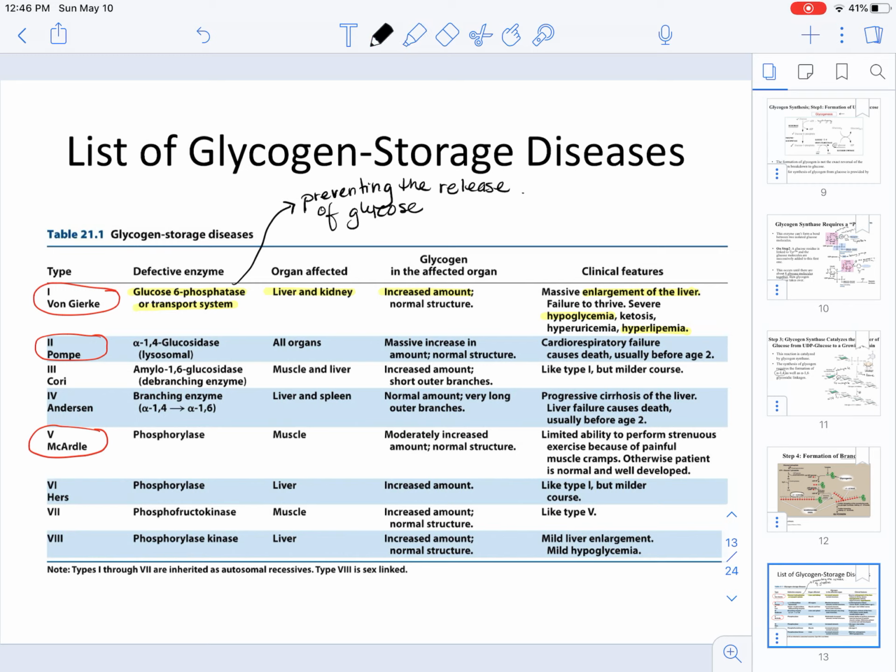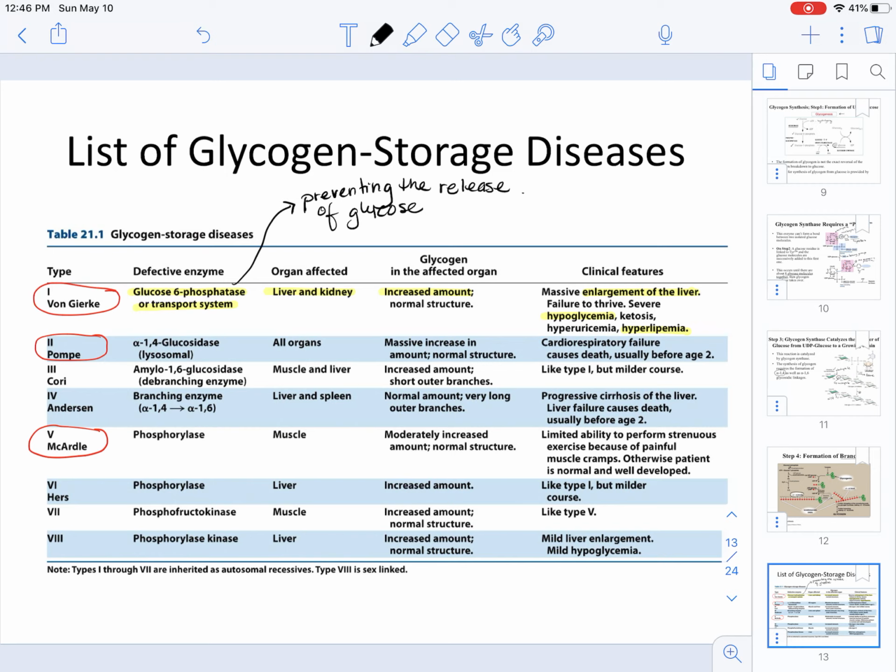So if we rationalize what is occurring, I just established that in type 1, we have a glucose 6-phosphatase that is defective, which means that now we cannot release glucose in its free form during this process. Now, as you can see in the table, this leads to an increased amount of glycogen.